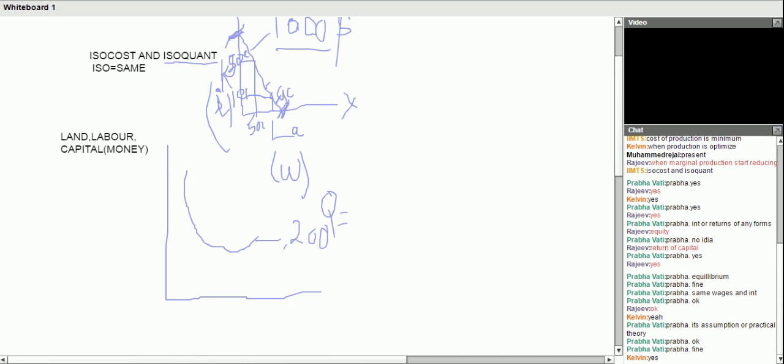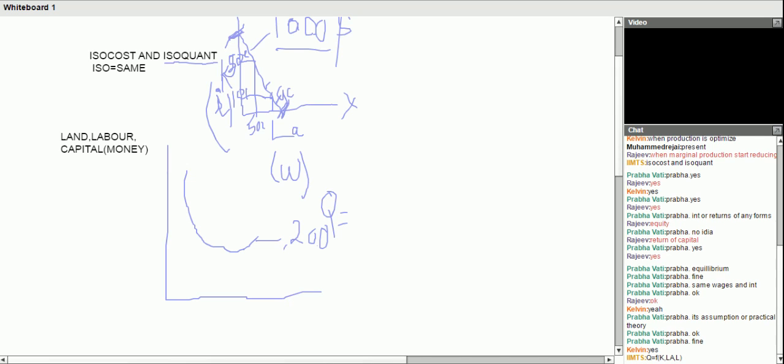I'll write it over here. Q, that is output, is a function of K. K is for capital, LA is for land and L is for labor. So let us just keep it as K and L. Let us erase this LA. That will be easier. So coming back to isoquant.